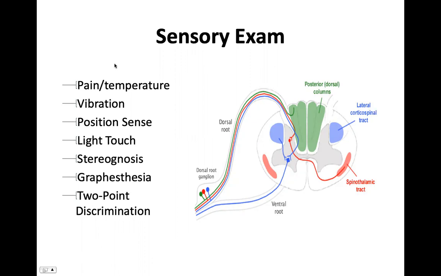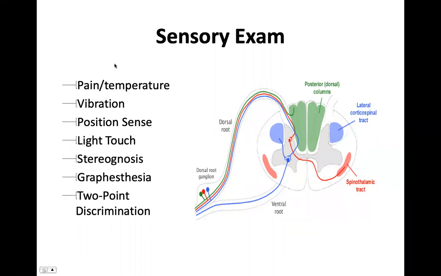Okay. So again, pain and temperature work on different tracks of the spinal cord, and that's why I have this track in here. Pain and temperature are usually called the lateral spinal, actually the spinothalamic tracts. Position sense is in the back there where the green columns are.